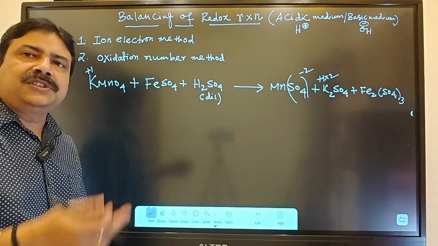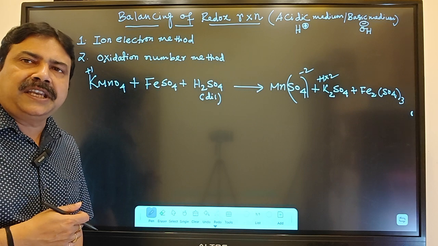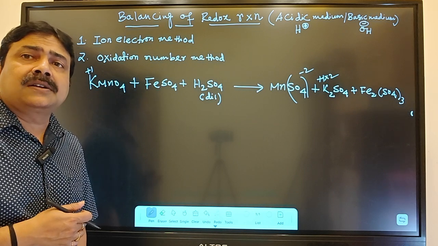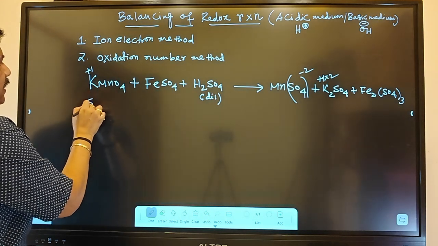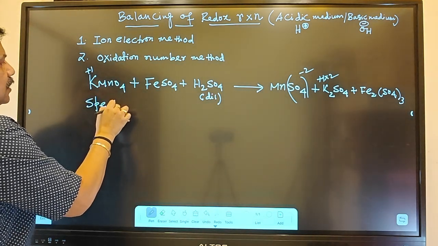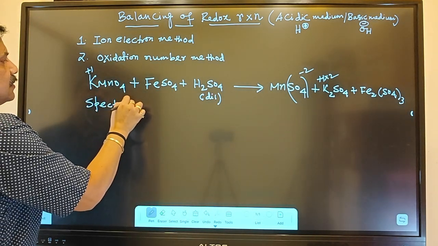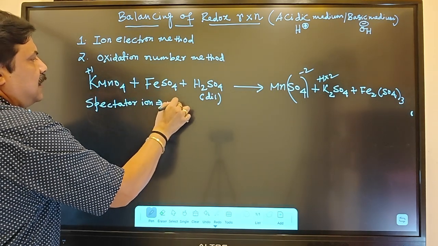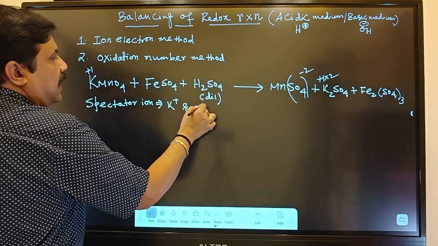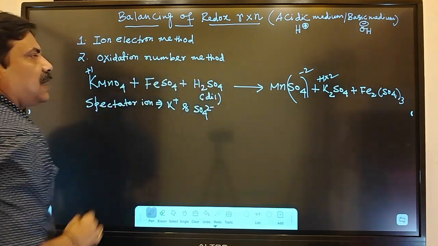The substance which is not going to change its oxidation state during the redox reaction is called a spectator ion. So who are the spectator ions over here? Spectator ions are potassium ion as well as sulfate ion in this redox reaction.